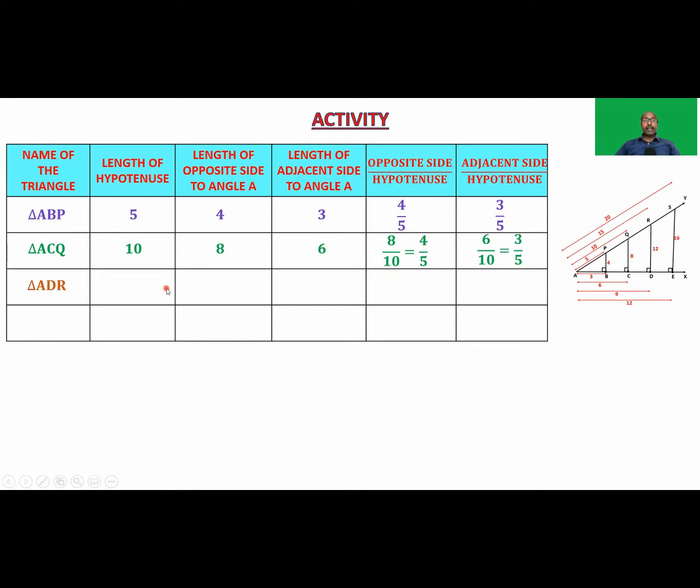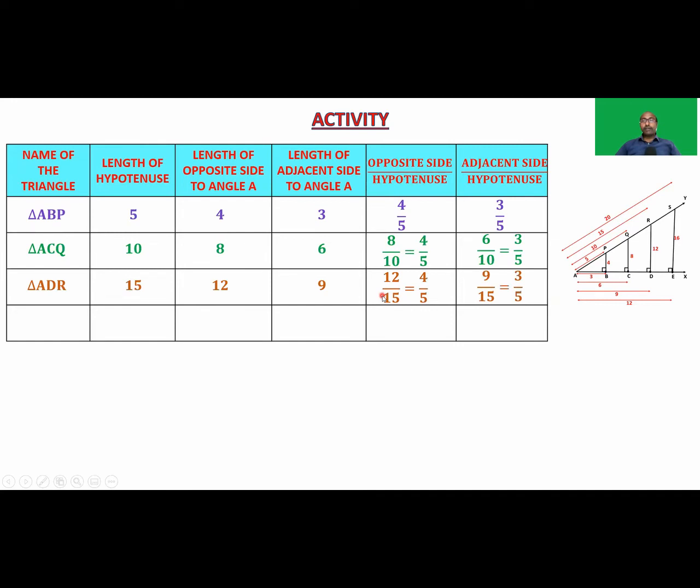In this triangle, hypotenuse is 15, length of opposite side to angle A is 12, length of adjacent side to angle A is 9, and the ratio between opposite side to hypotenuse is 12/15, which is equal to 4/5 again. And the ratio between adjacent side to hypotenuse is 9/15, which is equal to 3/5 again.